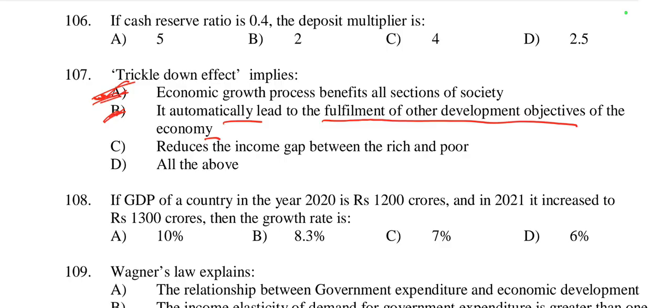Then we can also include option number B. Then option C, reduce the income gap between the rich and poor, because when policies favor business and wealthy persons, it eventually trickles down to all sections of the society, including the lower income groups, so it reduces the income gap. So all of these are right options, and option D is the right option.